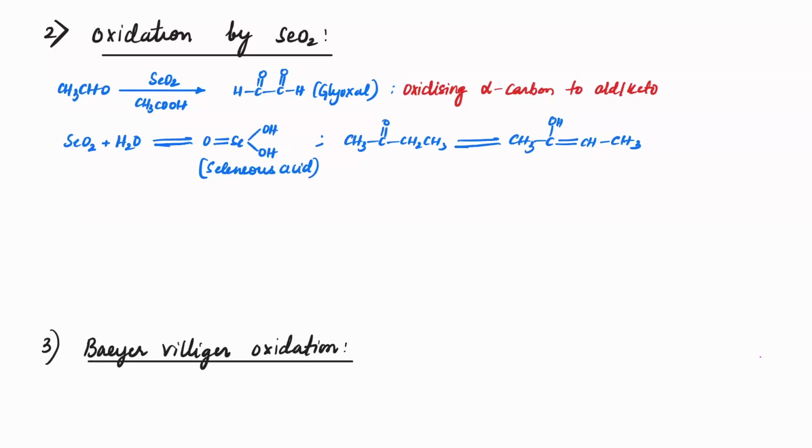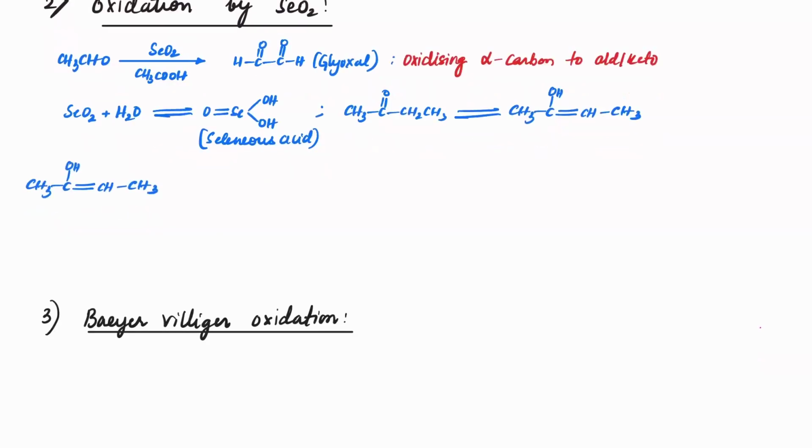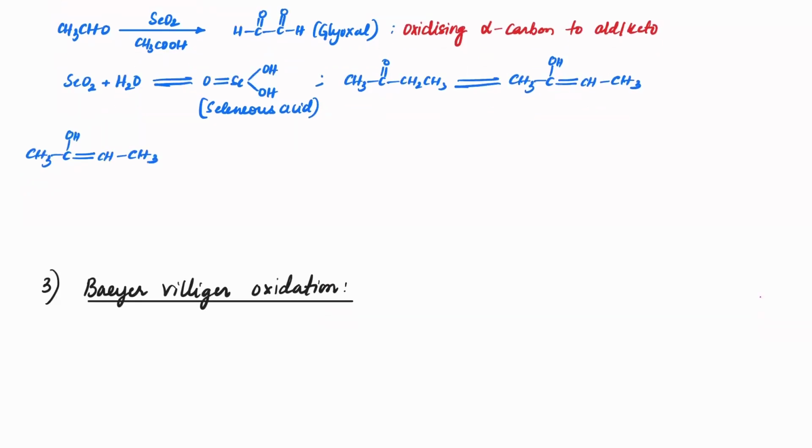Right? Now, once you have this enol form, check out this enol form as it reacts with selenous acid. How does it make a reaction? Check. So we have OH, Se, and OH here, and double bond O here.